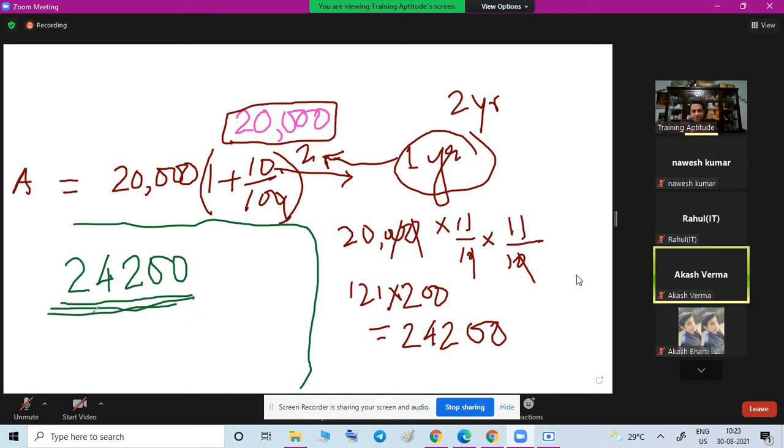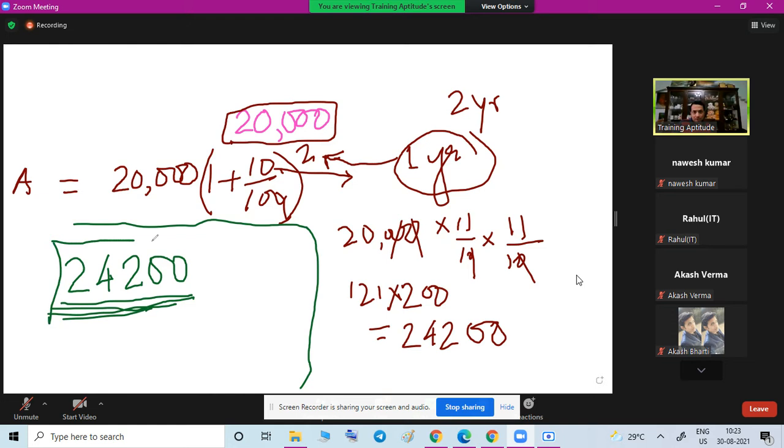The only difference between simple interest and compound interest is that my previous amount becomes my new principal, and 10% of this is how much? Sorry, 20% of this. Then because it is 1 year, 20% of this is how much? 4840.